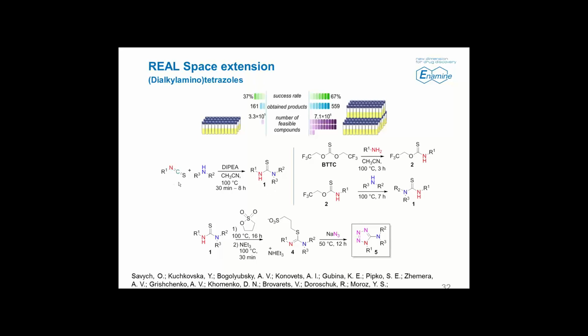One relies on isothiocyanates, and the other employs the reagent BTTC, which was proposed by our combinatorial chemistry group as a very efficient reagent to obtain thioureas.